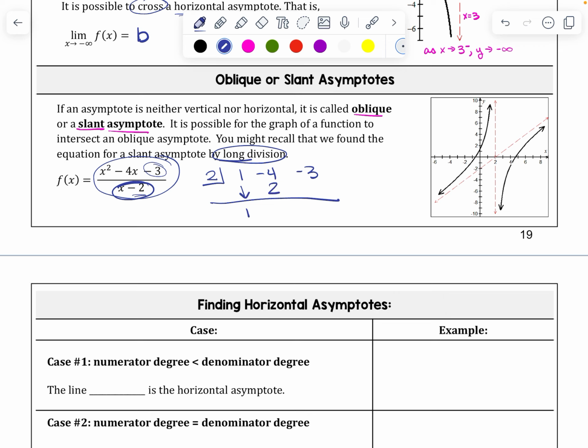Bring down the 1, multiply, add down, multiply by the 2, add down, and we get -7. There is a remainder here, but this tells me that this is going to be x minus 2, which is our value of our slant asymptote. So that's our linear equation of the slant asymptote.